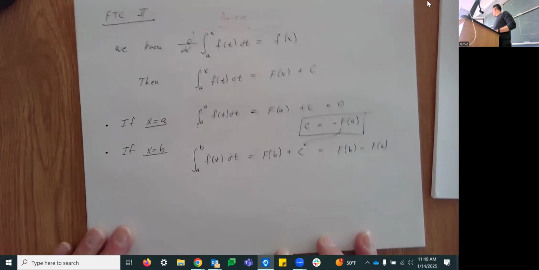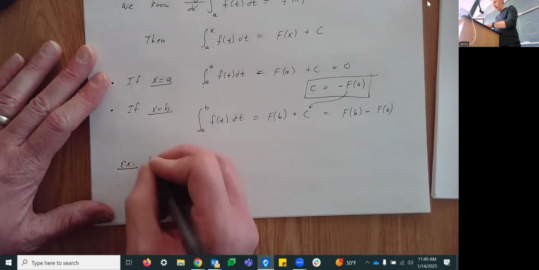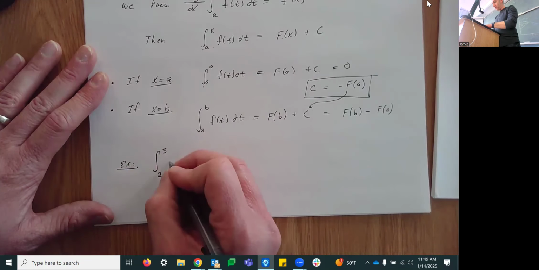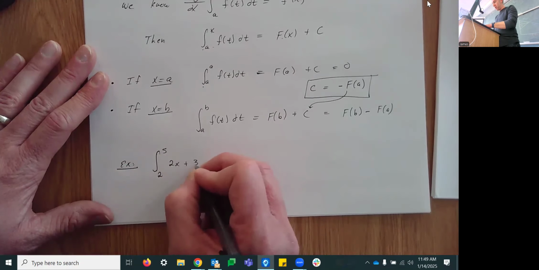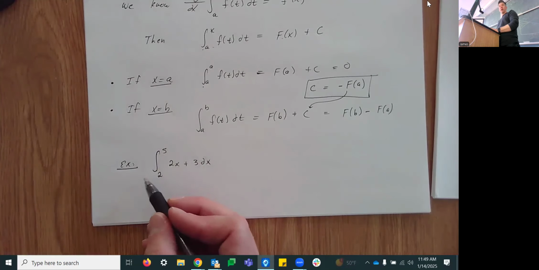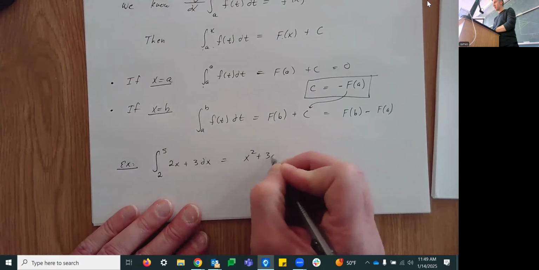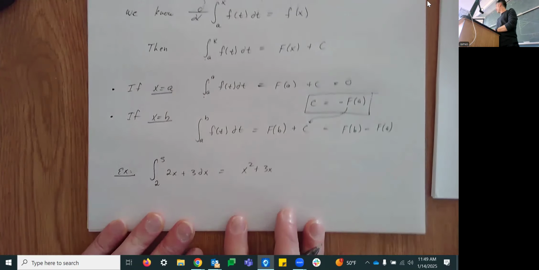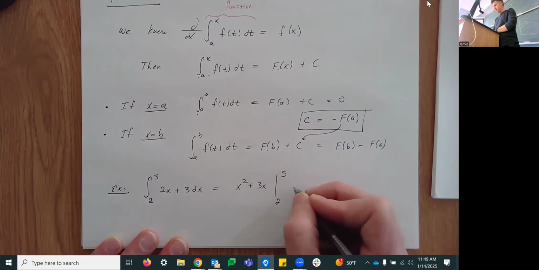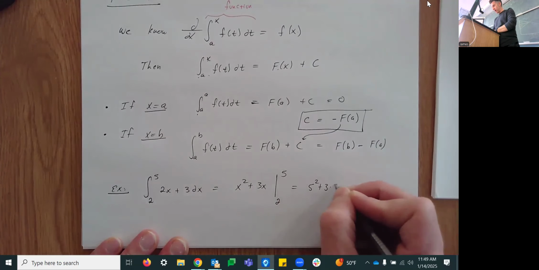So, for example, I know it's 11:49, so I'll do one quick example. If I wanted to find the definite integral from 2 to 5 of 2x plus 3, all I would do is anti-differentiate this integrand. I would get x squared plus 3x evaluated from 2 to 5, and then I would get 5 squared plus 3 times 5.